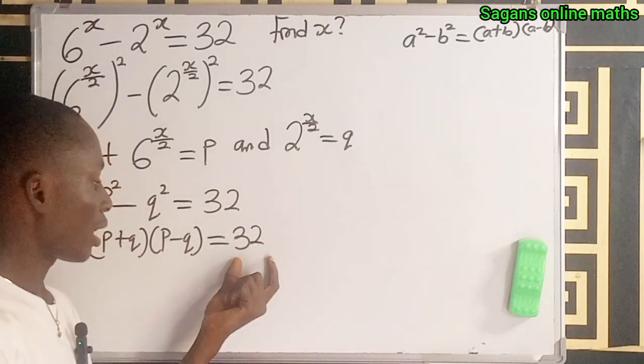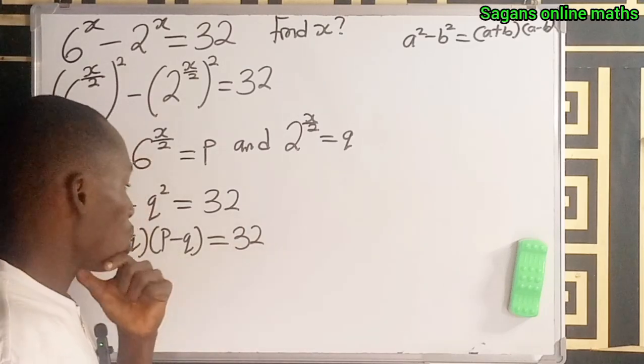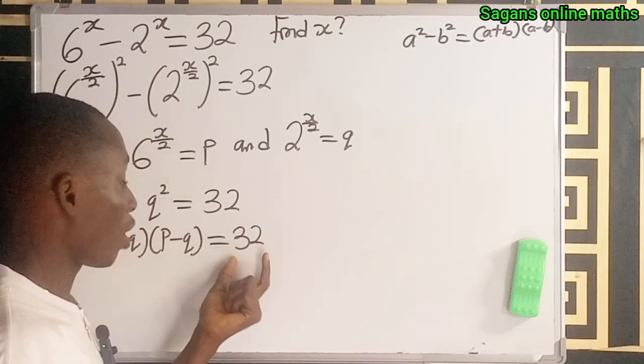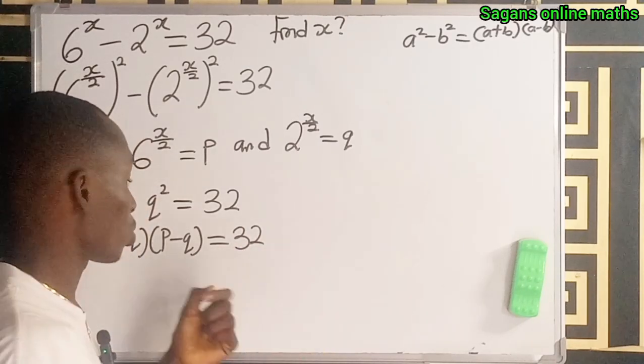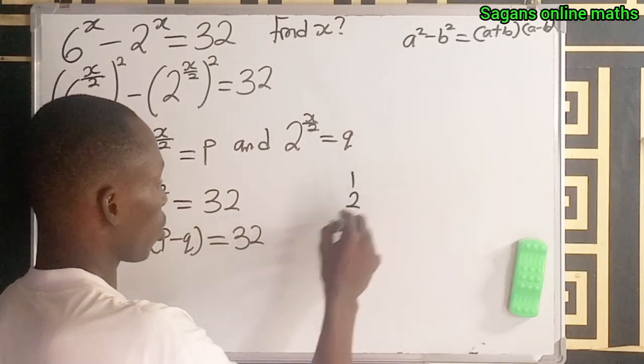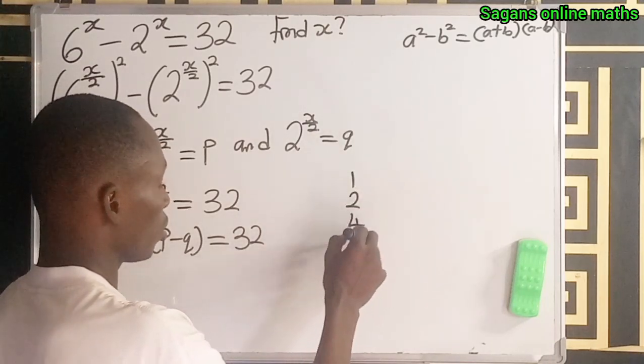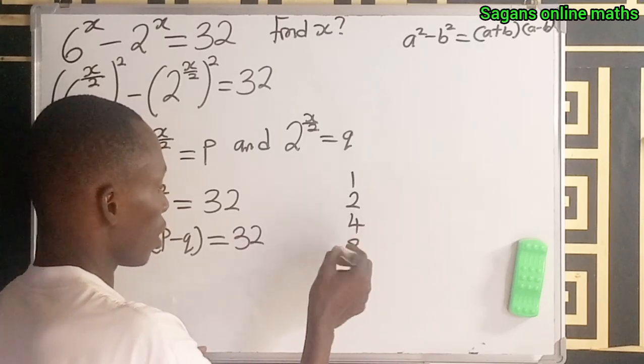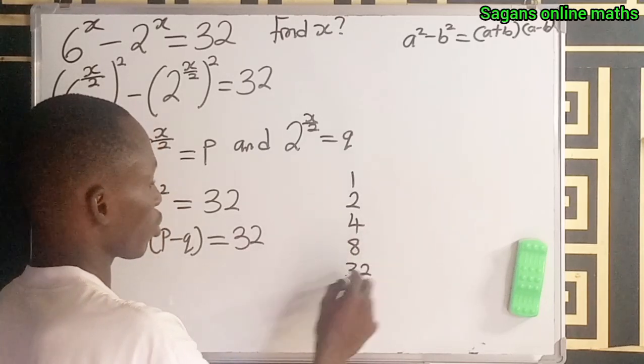Now let's consider our right hand side, which is 32. We know 32 has factors. Now we know that 1 is a factor of 32, 2 is a factor, 4 is a factor, 8 is a factor, and even 32 is also a factor of itself.